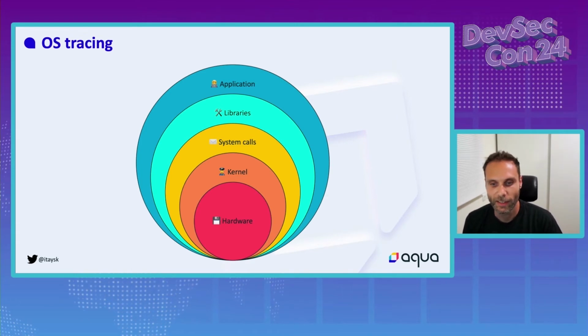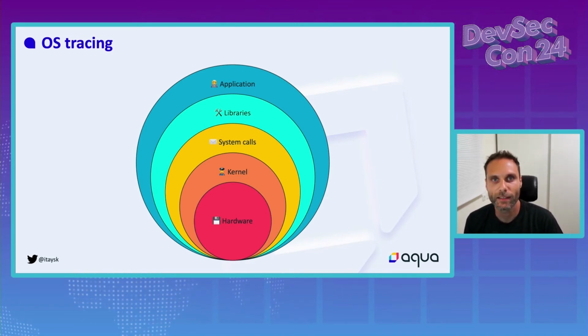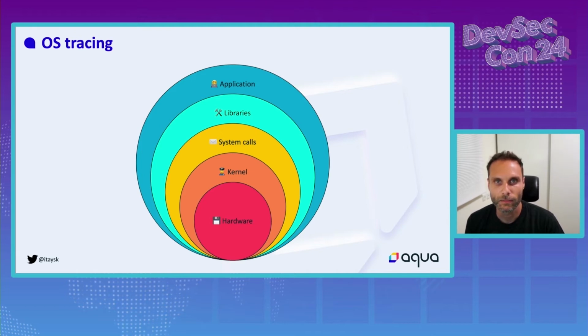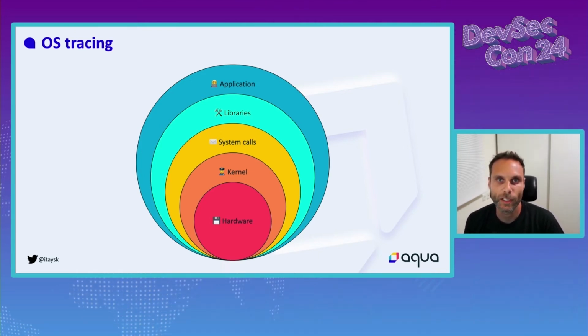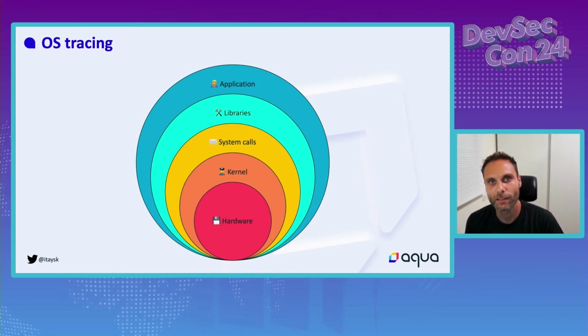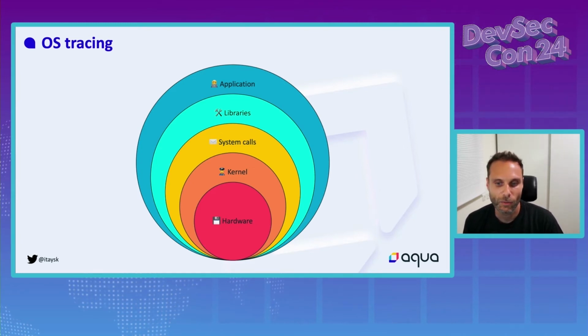Actually, the hardware itself is inaccessible to the application directly. In every modern operating system, including Linux, the kernel, which is the component of the operating system that is in charge of managing the hardware, is the only component that can actually touch the hardware. So the kernel is the only way that we can touch the hardware.